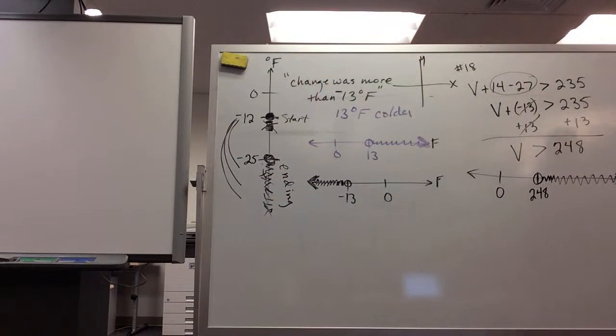Does it matter which end you put the variable on? Is it which direction you shade? No. Which side of the graph you put the variable on? Yeah, does it matter if you put that V on the other side? No, this is just more customary. It's consistency in reading, that's all.